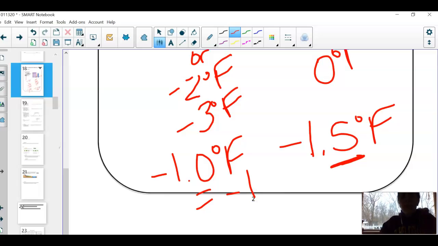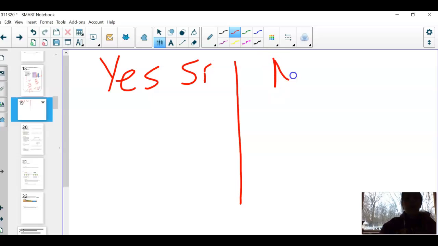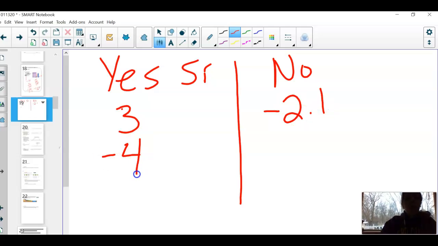So if I show you a few examples, I want you to think about what an integer means. Yes, or sí, no. Okay, 3, no, -2.1. Yes, -4, no, -0.23 or -23 hundredths.